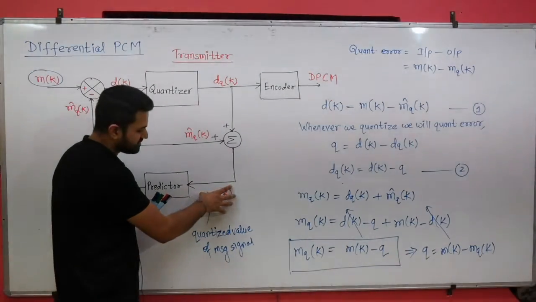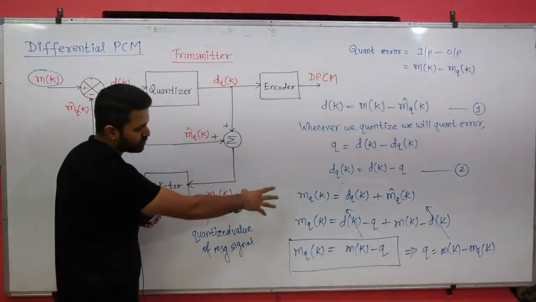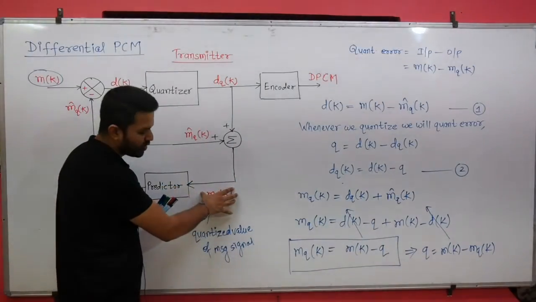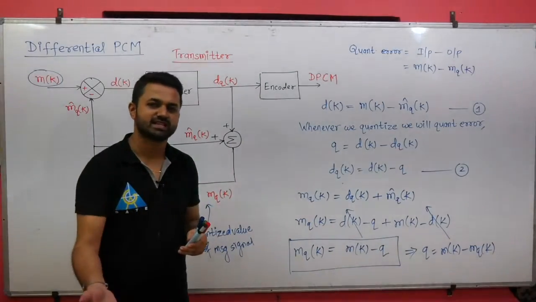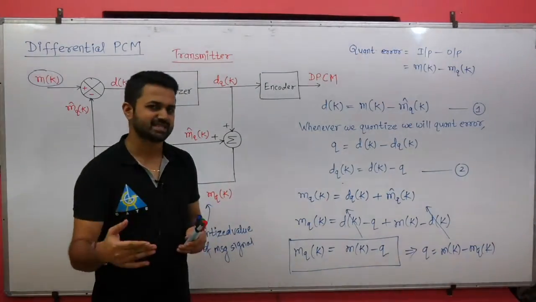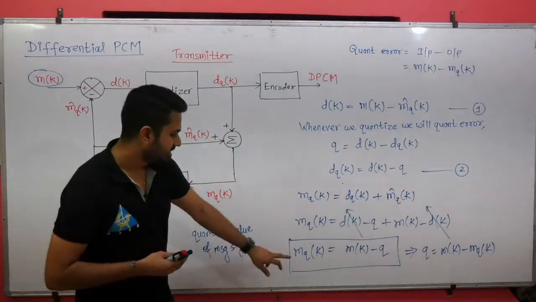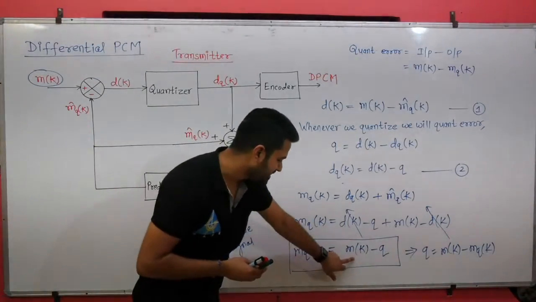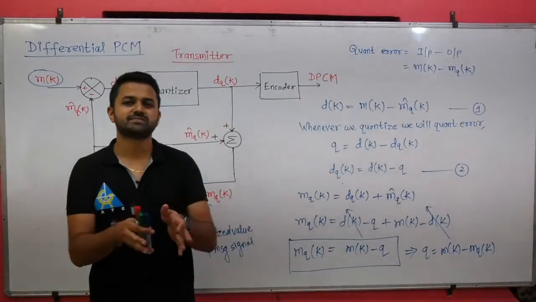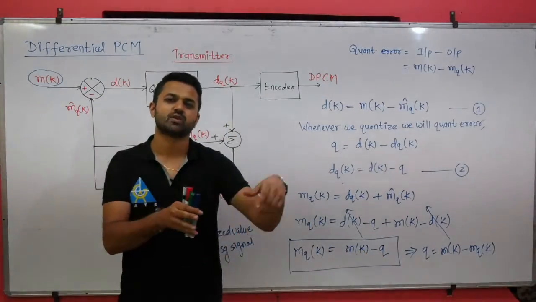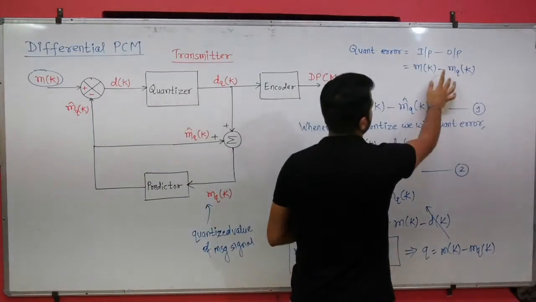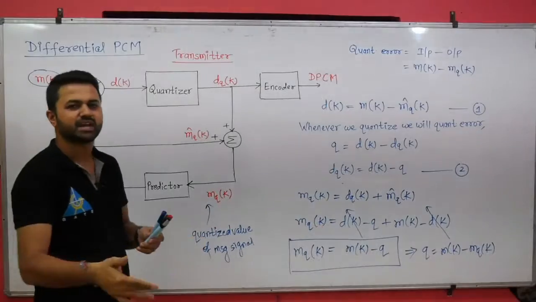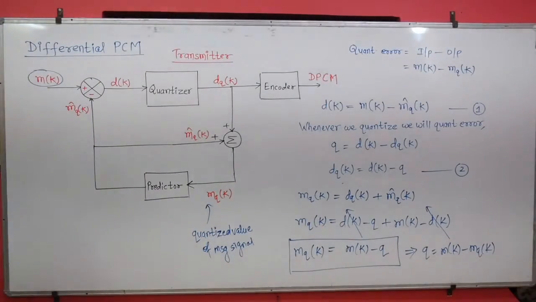But what I see after calculation is that the output of the adder is the message signal minus the quantization error. You can see here, this is the message signal and the quantization error. The difference between the message signal and quantization error is the quantizer output, because this is nothing but MK minus MQK. So both have the same meaning.